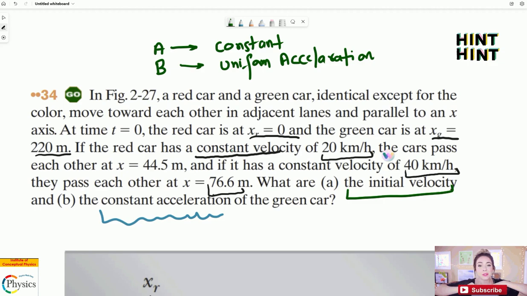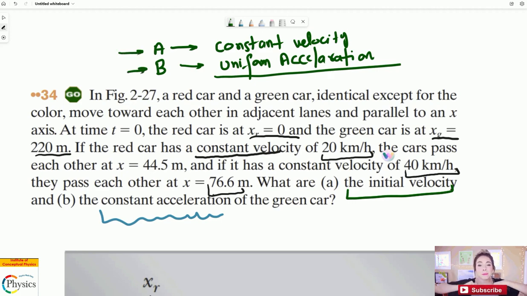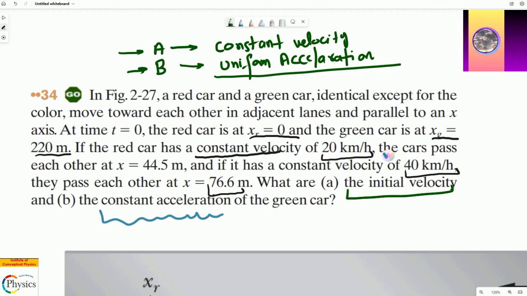So this is constant velocity, okay? It doesn't change. And this is uniform acceleration motion for car number B. So these are the two. The first step you always do when you solve these problems is to identify the type of motion you're dealing with. You can watch my playlist on kinematics to understand every concept you can think of for kinematics.